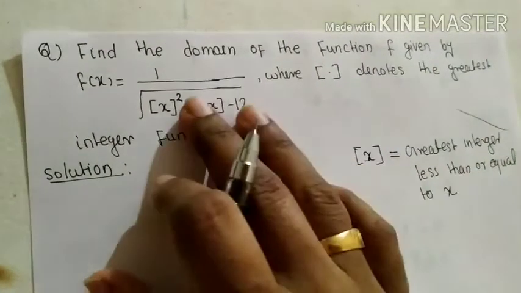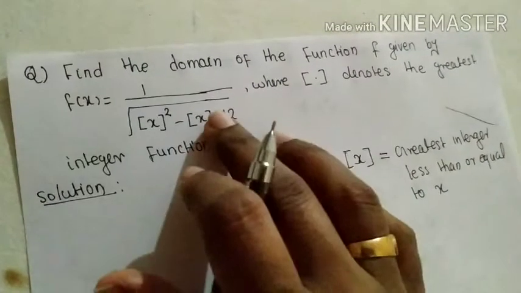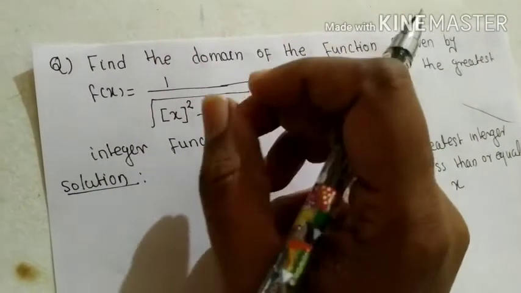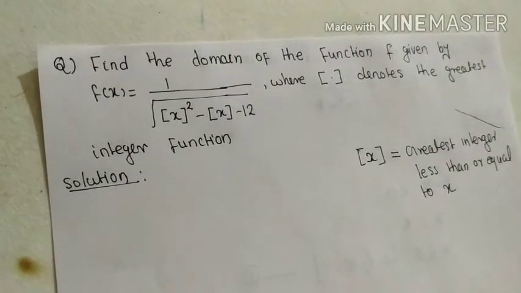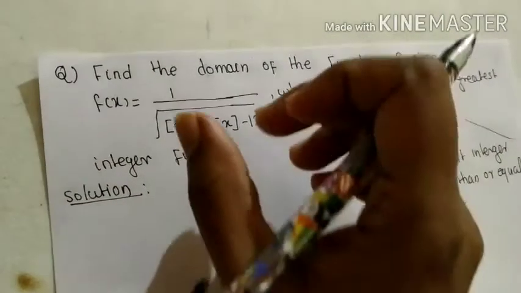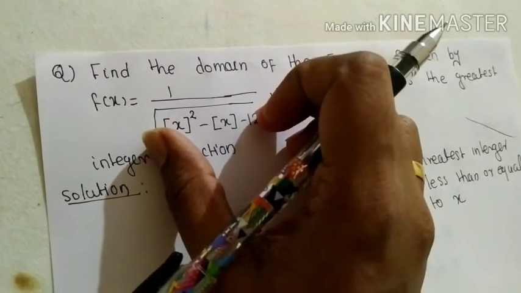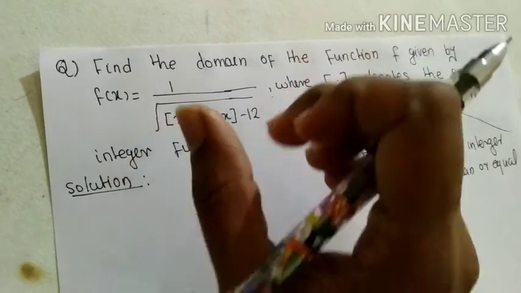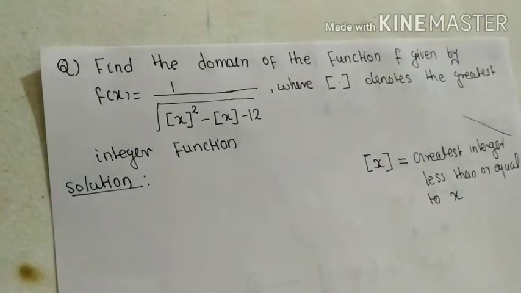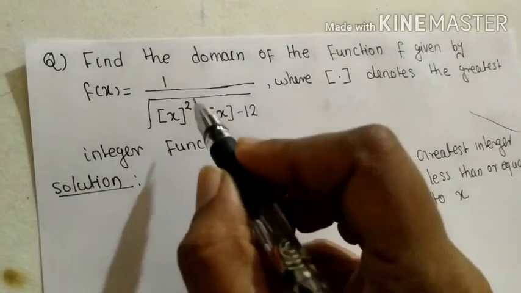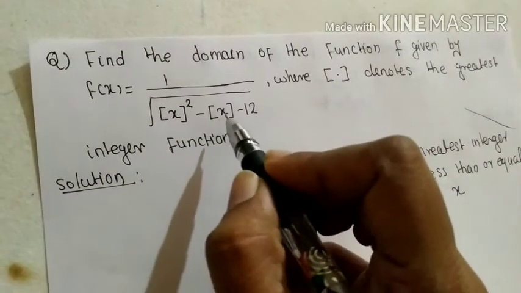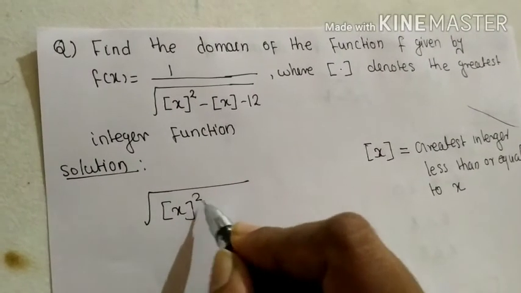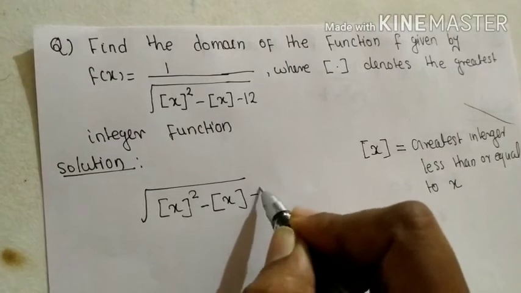Here in this question we need to find out the domain of this function. So this is a domain of a fraction. We know that in a fraction the denominator term cannot be equal to 0, right? So the denominator term here is root of greatest integer x square minus greatest integer x minus 12.